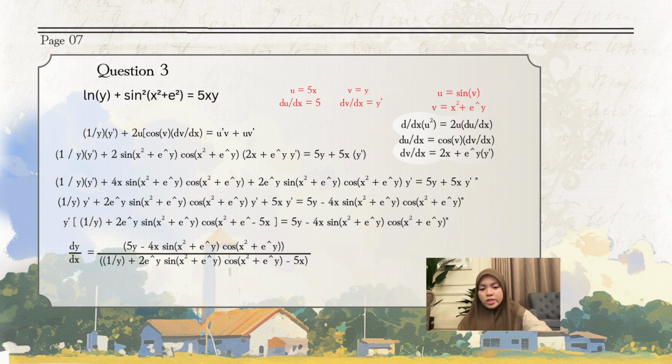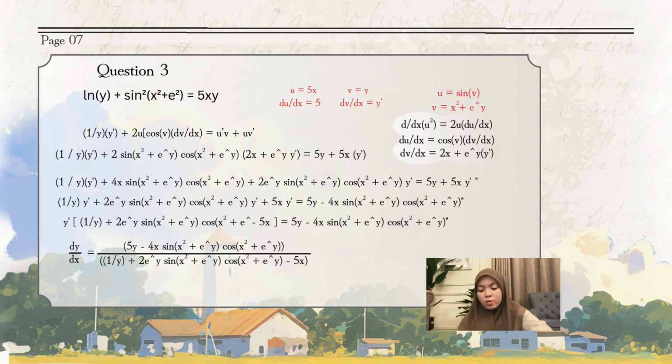So now the equation becomes 1 over y multiplied by y prime plus 4x sin x squared plus e to the power of y cos x squared plus e to the power of y prime equal to 5y plus 5x y prime.